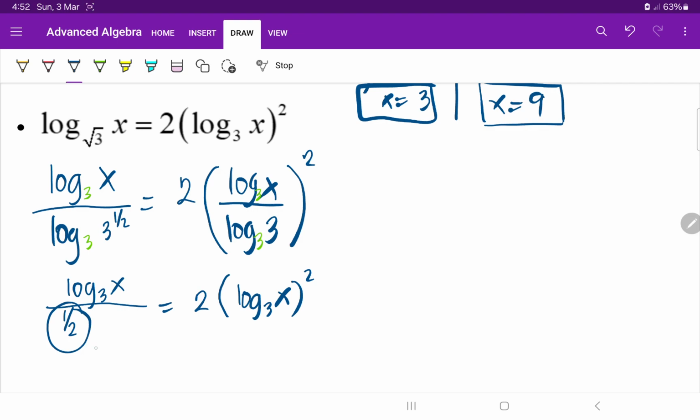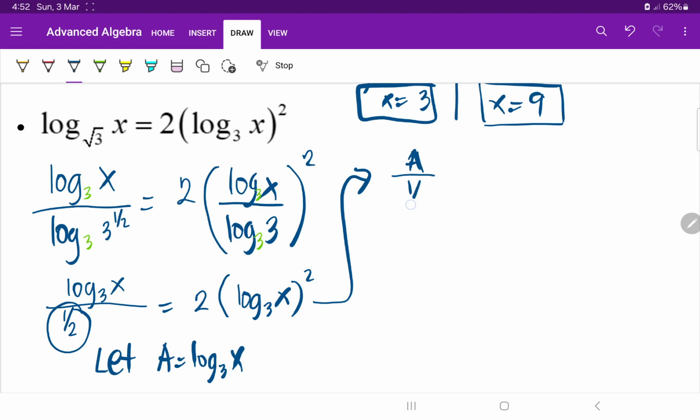Okay? So, let, again, a equals log base 3 of x. Para itong equation natin na to ay maging a divided by 1 half is equal to 2a squared. So, a divided by 1 half is just 2a, then 2a squared.